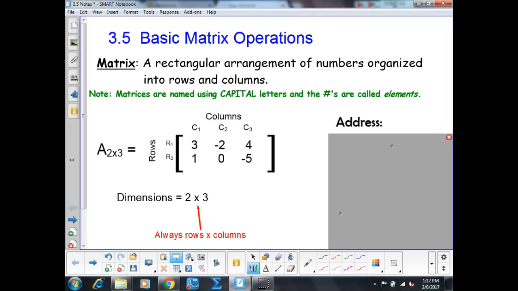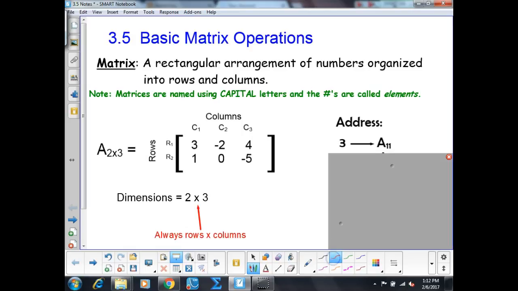Okay? Each element has an address. Okay? So for instance, the number 3 is located at A11 because it's in the first row and the first column. Okay? Now, some of you have one address, right? Some of you have multiple addresses. Okay? So we could have another 3 somewhere in our matrix.